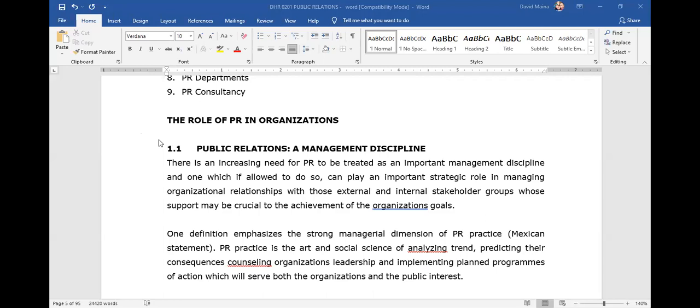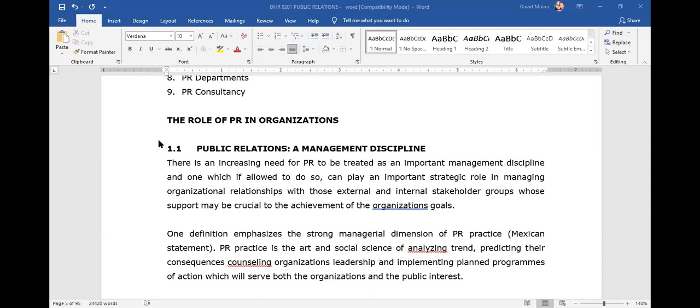So when you look at so many organizations nowadays, there is what we call an increased need for PR to be treated as an important management discipline. Nowadays, if you're looking for a communication job, you're going to realize that they are asking that the candidate must have at least a diploma in public relations.